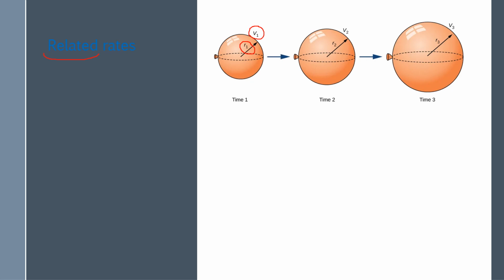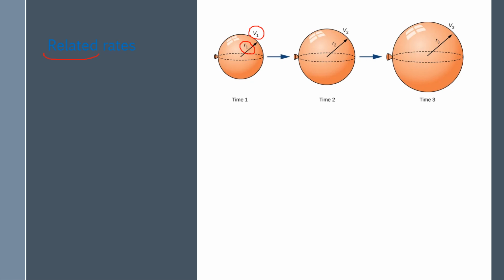Whenever you have a relation between two quantities and you know how one of them changes, whether it's increasing or decreasing, in this scenario we clearly see that the volume is increasing, then we should be able to find the rate of change of the other quantity. Okay, so that's the basic idea.